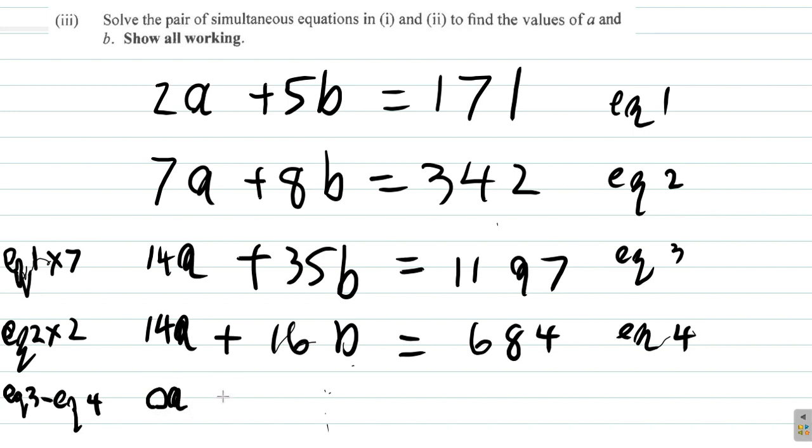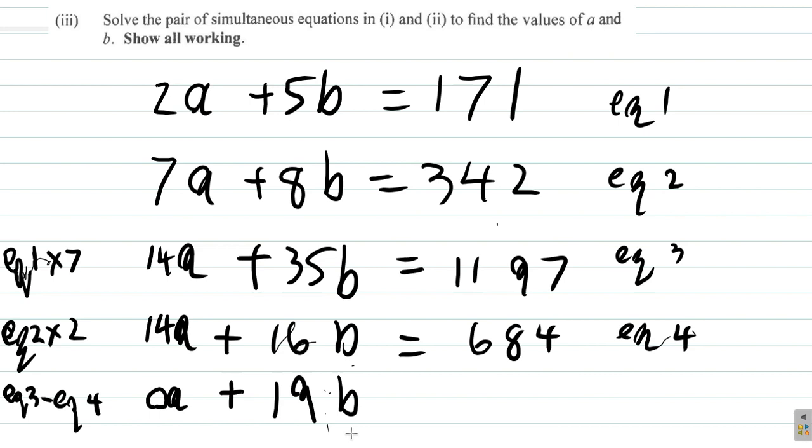Alright, but a is gone. Plus 35 minus 16 is what? That's 19b. See that? So, I have 19b there.